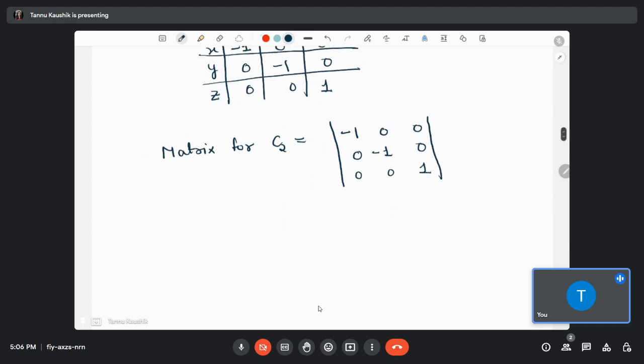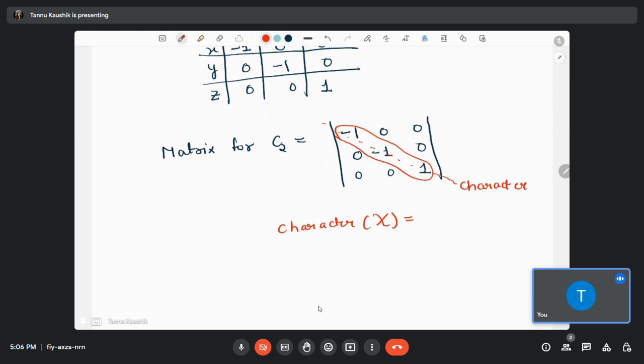So if we find out the character of this C2 matrix, which is the sum of matrix elements along the diagonal, so this is what we call the character of a matrix, which we are representing as this.